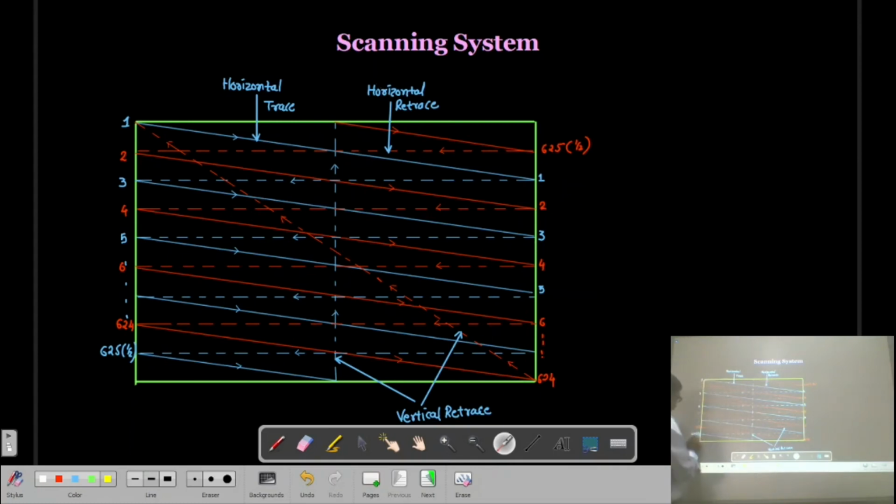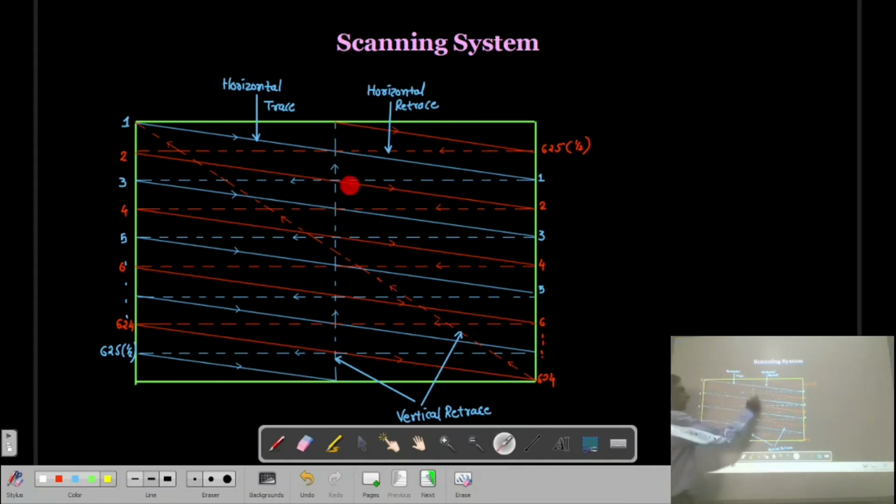In the same way, when the 625.5 line is completed, the electron beam comes to this position. Here the electron gun is blanked out, and therefore it is known as a vertical retrace. Here we have a horizontal retrace and here we have a vertical retrace.